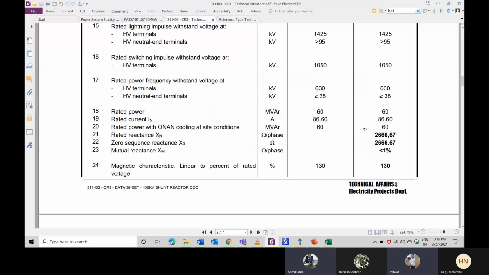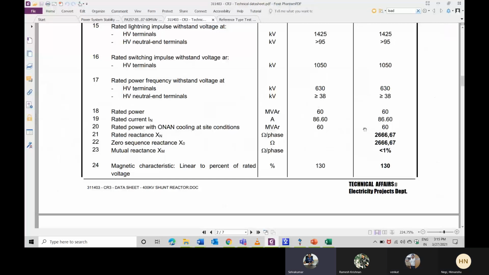My question, Himanshu, have you got the point how you have arrived at this 2666.67 from 60 MVR and 400 kV? Yeah, you divide the MVR divided by kV. Okay, so this is clear, no? Rating is 60 MVR, correct?